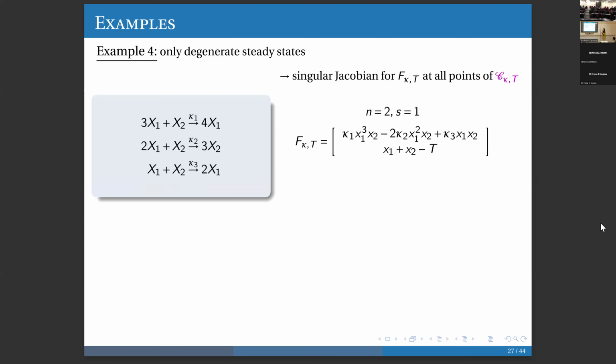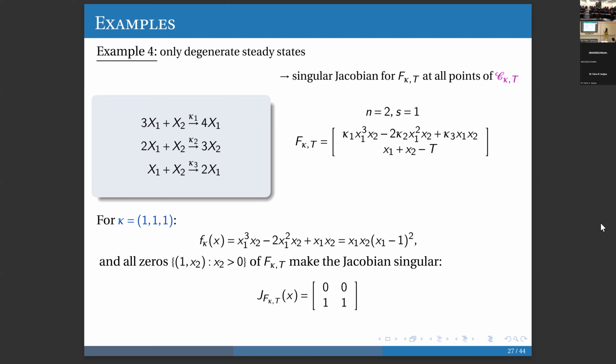About the degeneracy, it can also happen that all points at a certain stoichiometric class are degenerate. In the system, if I take for k, 1, 1, 1, I get this equation, and it's telling me that the Jacobian of this will vanish at all points because all points are doubled.